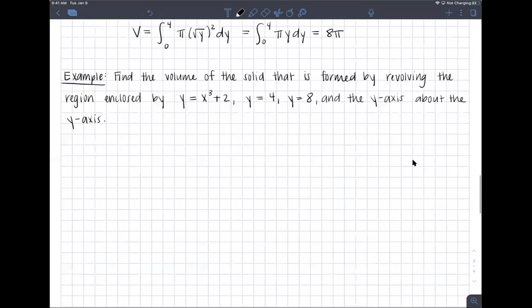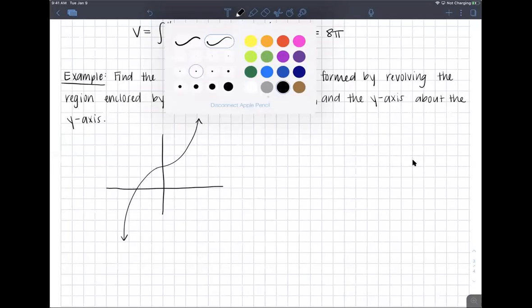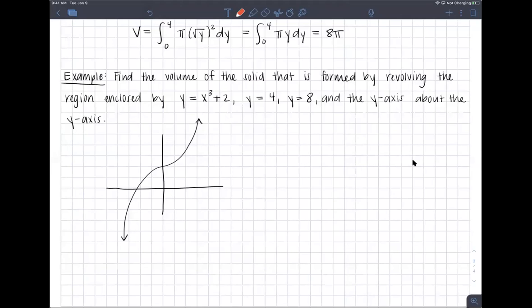let's graph this first. So we're going to have x cubed plus 2. That's going to look like the graph of x cubed, but just shifted up 2 units. And so it's going to look like this on this side, and it's going to turn around. And then y equals 4. 1, 2, 3, here's 4.